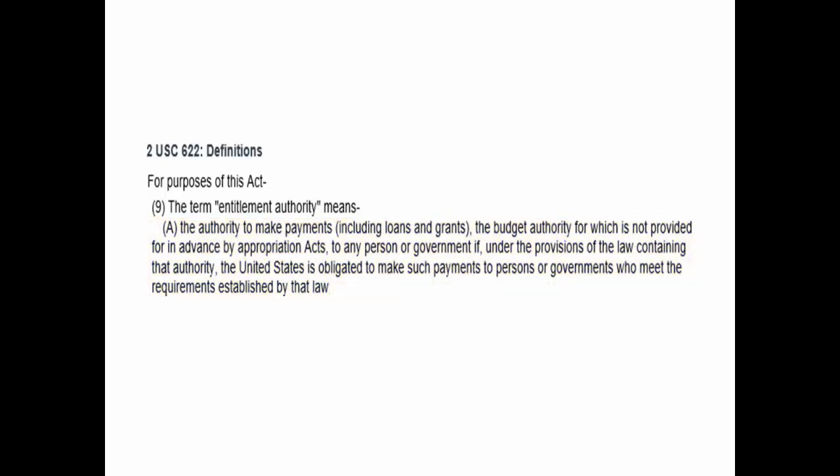Note that entitlement authority by itself is not an appropriation, but since an entitlement requires the government to make a payment to an entitled person or government, and since no money can be drawn from the Treasury but in consequence of appropriations made by law, Congress basically has no choice but to appropriate funds to cover entitlement payments.